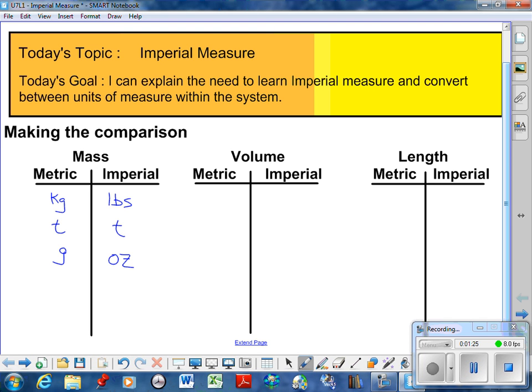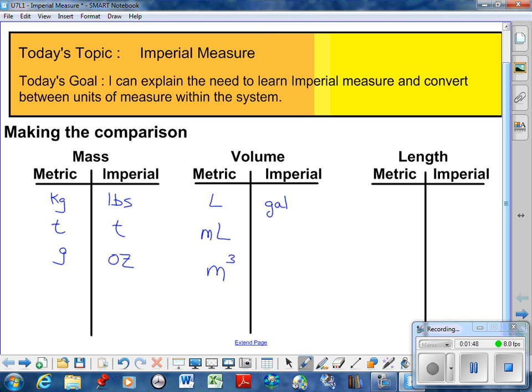If I talk about volume, how do you measure volume? Most of you would measure in liters. Some of you would measure in milliliters, depending on how much fluid we're talking about. And some of you maybe will realize that cubic meters is also a measure. So there's a little bit more variety on the imperial side, the equivalent of liters, close to it anyway.